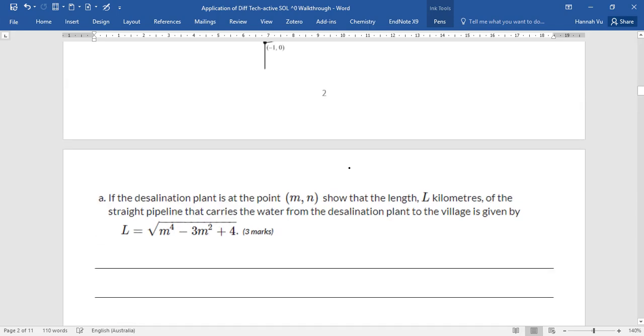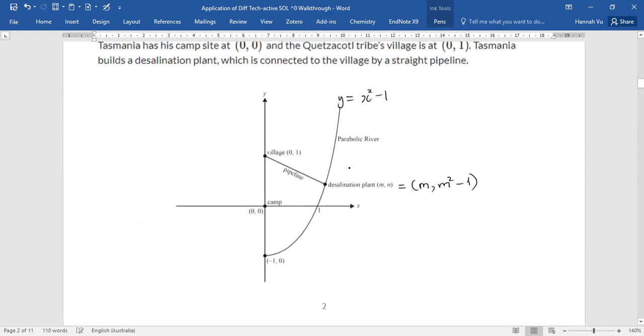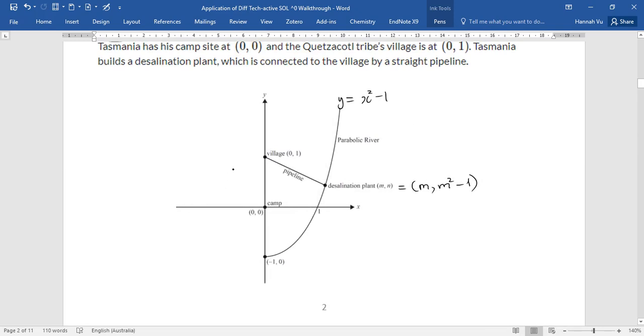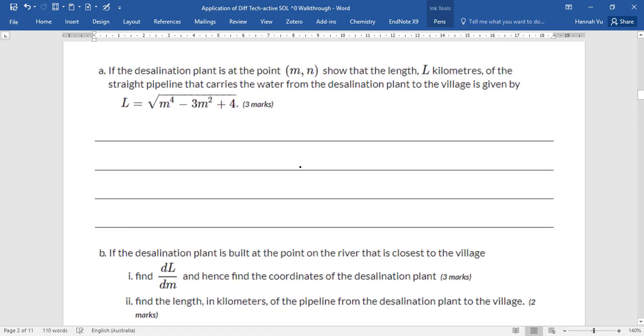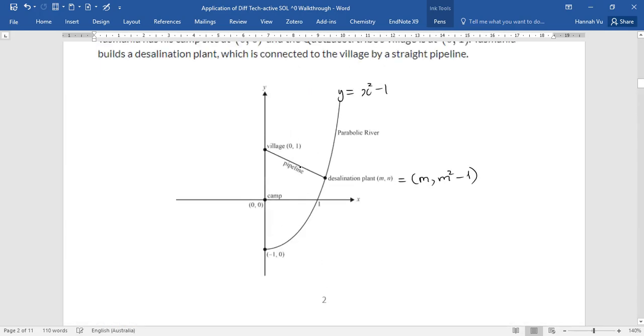You need to show that the length of the pipeline, now this is a pipeline again, so helpful, giving you a fully labeled diagram. So basically you just need to show that the length of this line is whatever it was, in terms of m. So I think it was correct to convert this point to m and m squared minus 1 because you want everything to be in terms of m.